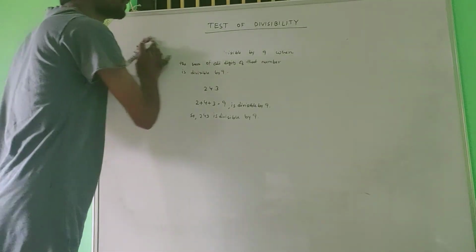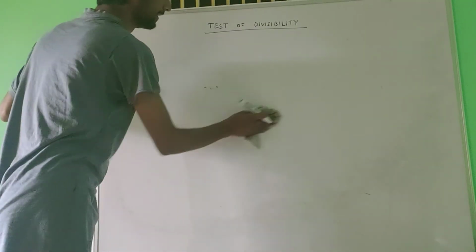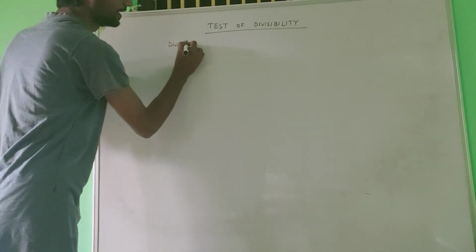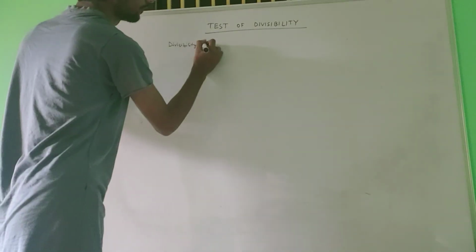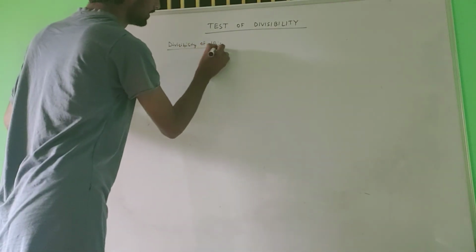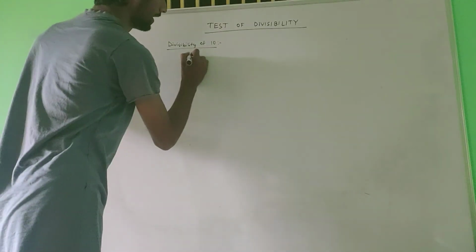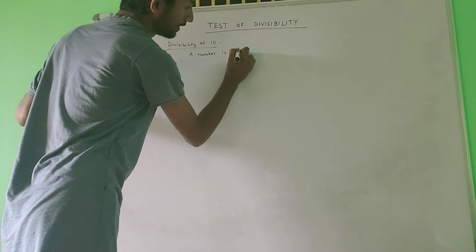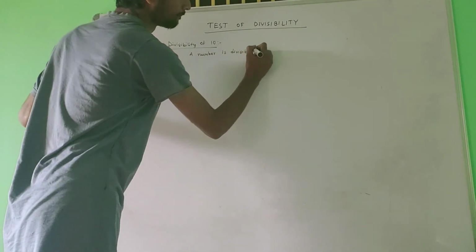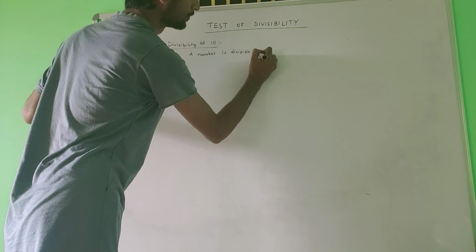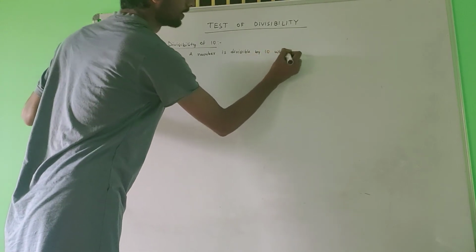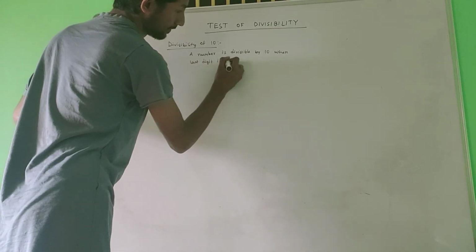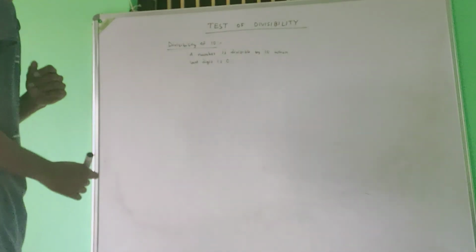Now we will check divisibility of 10. A number is divisible by 10 when the last digit is 0.